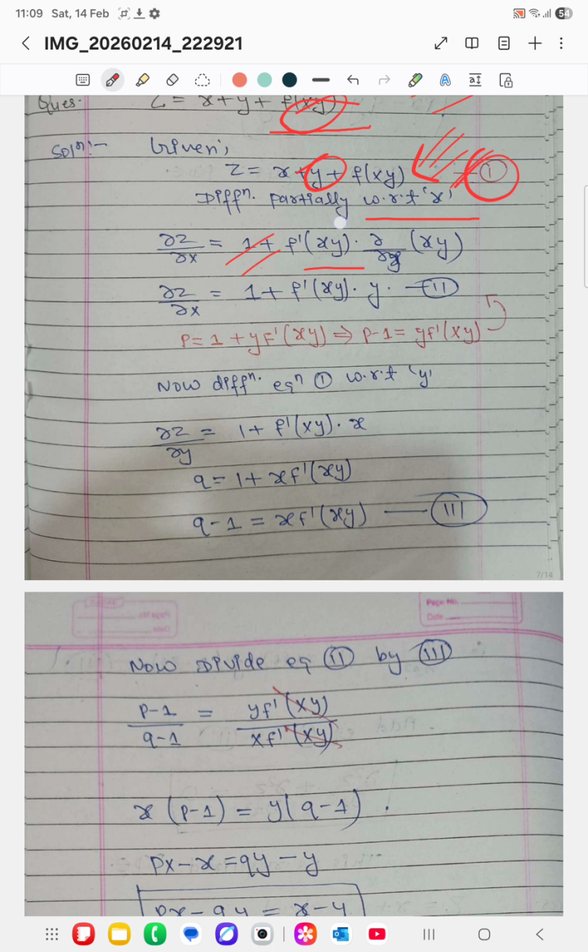Now we differentiate xy partially: del by del x of xy is y, as it is right here.